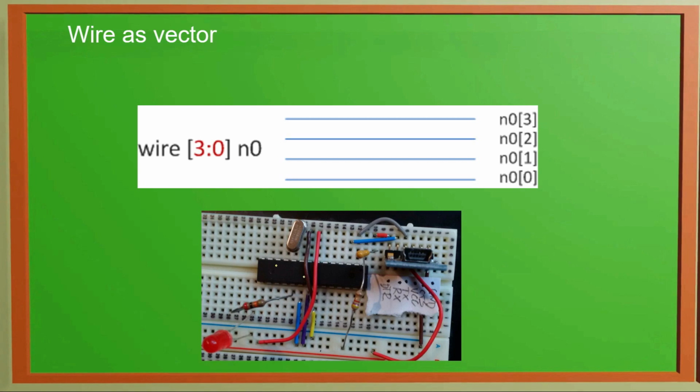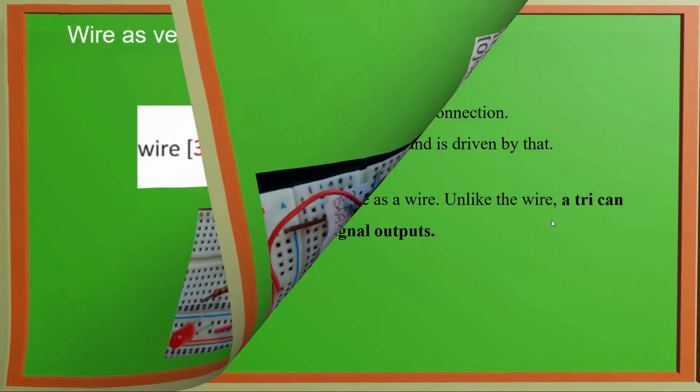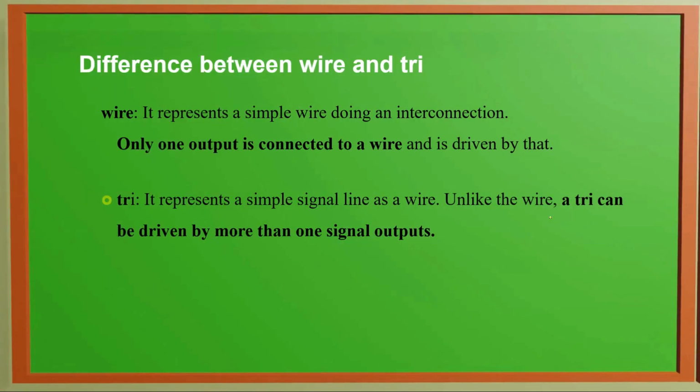Like we can see here in this syntax, we have wire [3:0]. That means there are a total of 4 lines of wires. Along with wires, we use some tri-states. What is the difference between wire and tri? Both of them represent signal lines.